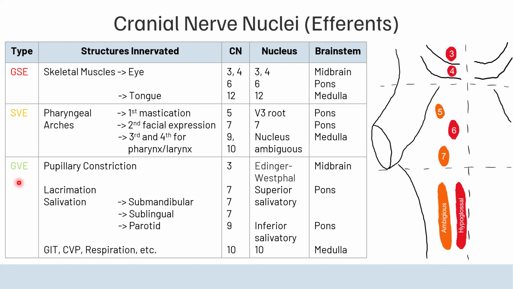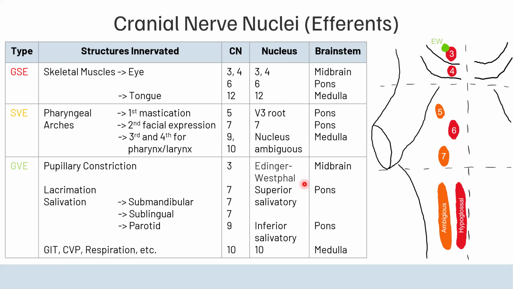We had then our general visceral efferents, which is basically our parasympathetic fibers. Our parasympathetic fibers were responsible for four main features: our pupillary constriction, lacrimation, salivation, and finally the actual supply to the visceral organs. Pupillary constriction is carried out by cranial nerve number 3 through the Edinger-Westphal nucleus, which is located in the midbrain.